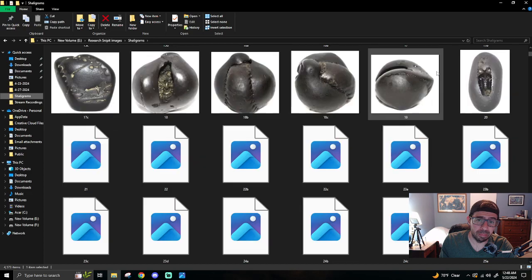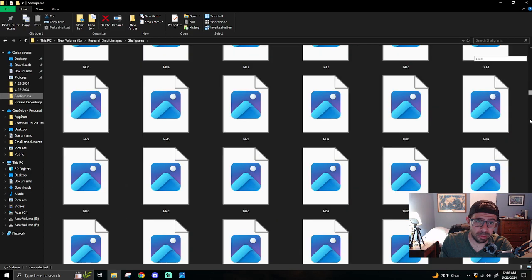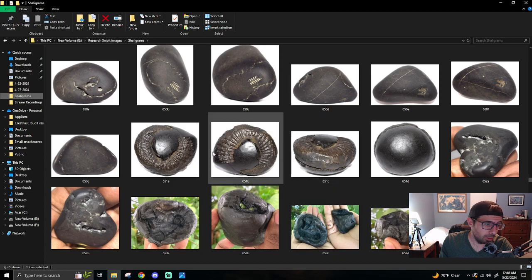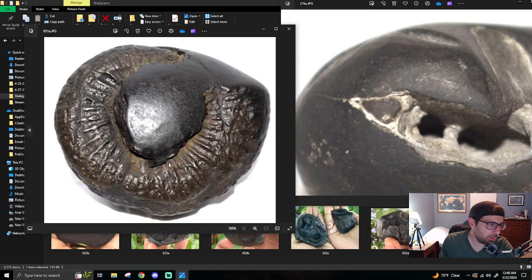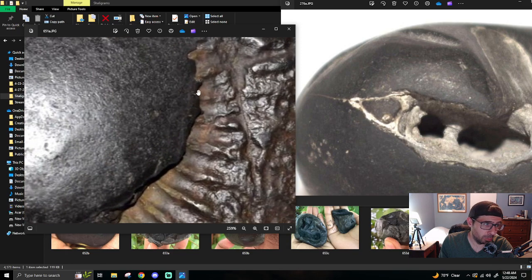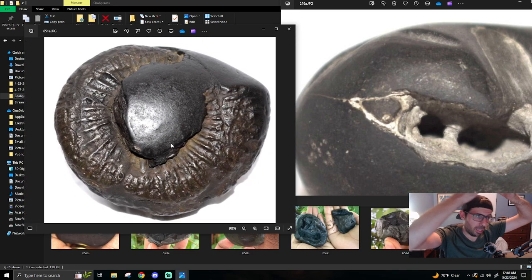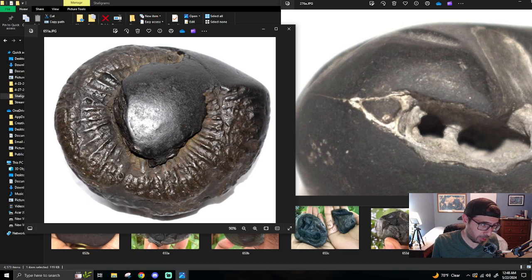Let me see if I can find one. This one's really eroded. But sometimes there will be shale, like this material will have basically a current as the flow goes down through these chakras.